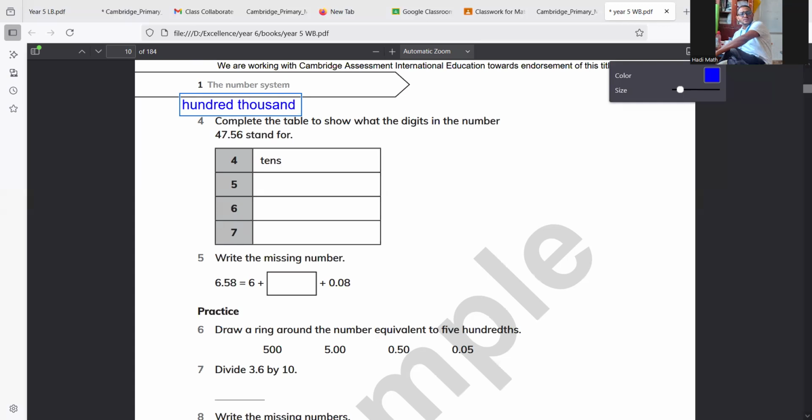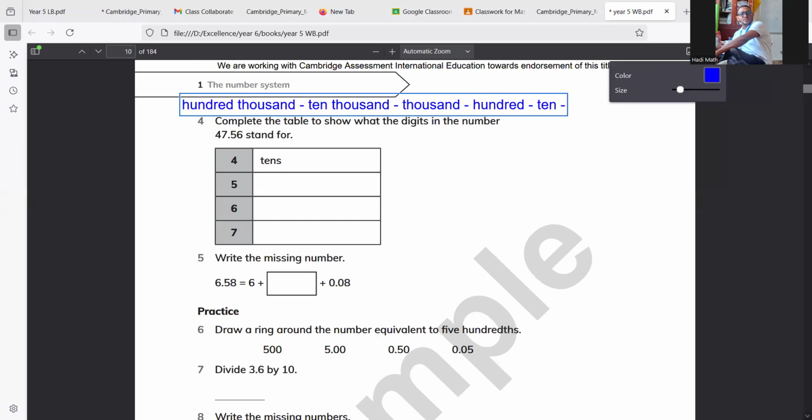Then the digit smaller than 100,000 is 10,000. Less than 10,000, we have 1,000. Less than 1,000, we have 100. Less than 100, we have tens.